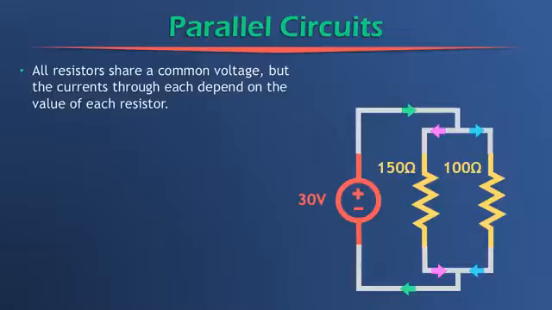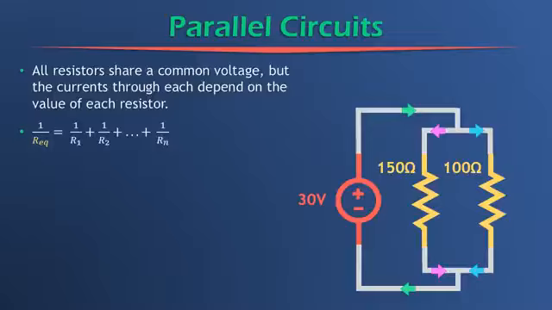And say we wanted to find the current up here, the green current. How could we do that? Well, we can turn these two resistors arranged in the parallel configuration into one equivalent resistor like we did in series circuits. And we're going to use this equation: 1 over R equivalent equals 1 over R1 plus 1 over R2 all the way up to 1 over Rn.